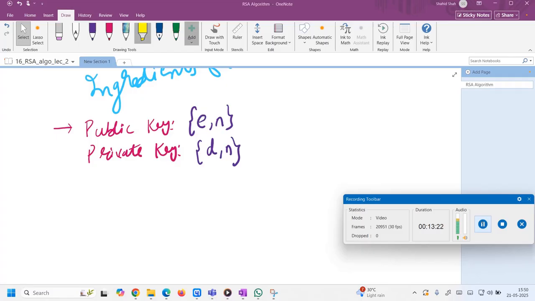I will also upload the video on some fundamental results on number theory which we have used here, like what is the totient function and what does ED modulo phi of n equal to 1 mean, and other things.